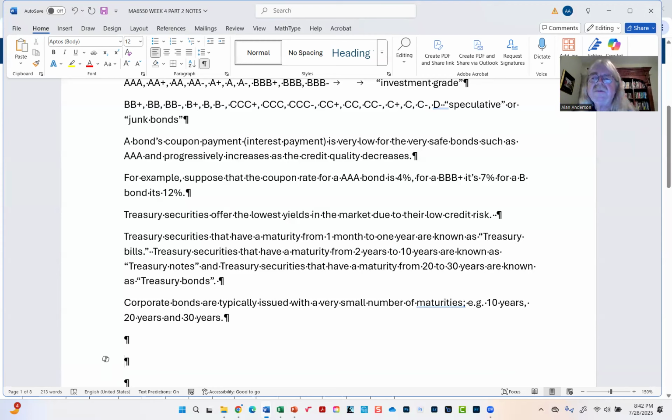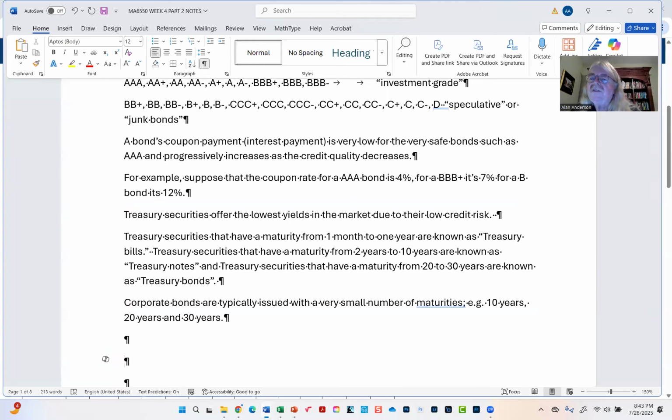So it's a very popular way for corporations to keep funds that they don't need just yet while they're planning something to do with them. Also, insurance companies invest heavily in these. Pension funds invest in these because they want to make sure they have enough money to cover their liabilities.